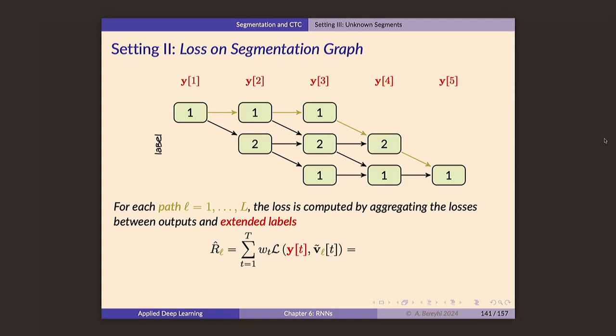Every single path has its own particular loss, so it's going to be r hat of L, path L. I go over the expanded label sequence of that path, compare every single entry with the corresponding entry of y, the output of my RNN, and then sum them up. Clear? But shouldn't the weight also depend on I?